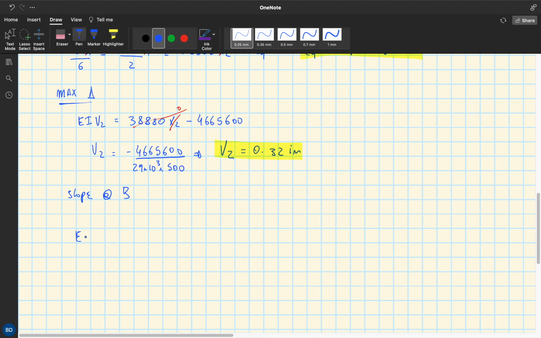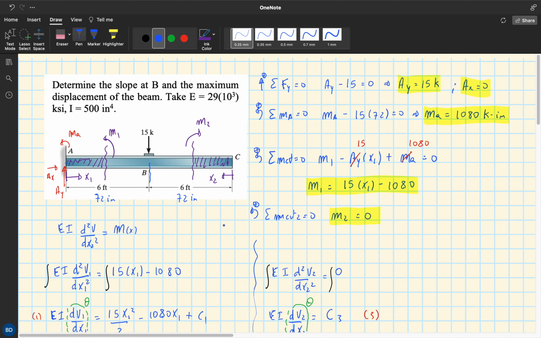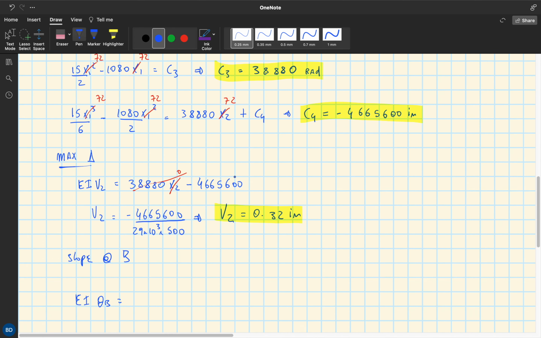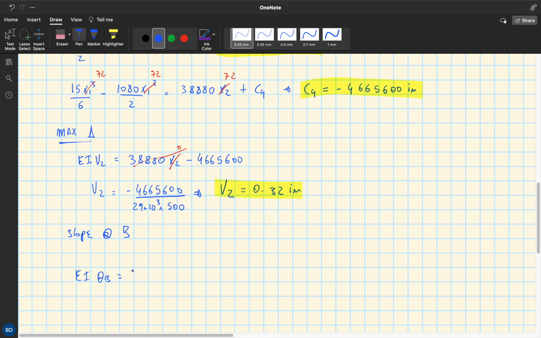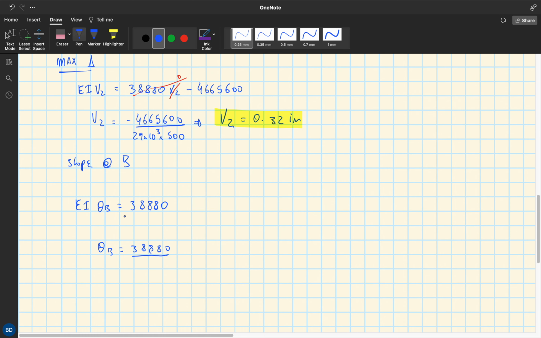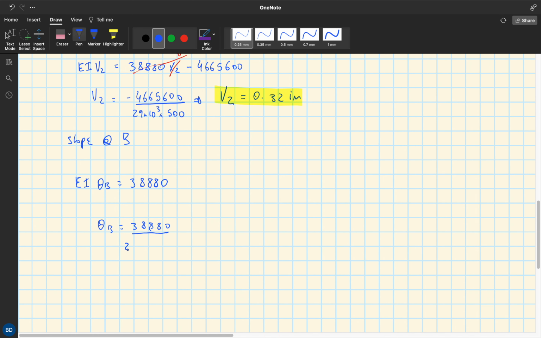For the slope at B, I have EI theta B, which is going to be equal to C3, and C3 is 38,880. So in order to find theta B, we just need theta B equal to 38,880 divided by the EI, which we have here as 29 times 10 to the third times 500.